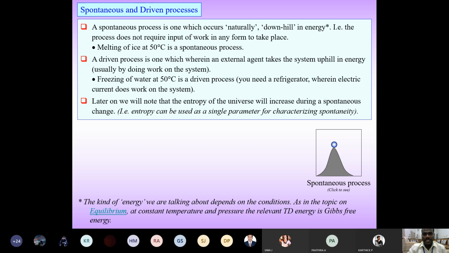Entropy can be used as a single parameter for characterizing spontaneity. So entropy and spontaneity are linked together. Just keep the terms entropy, spontaneity and spontaneous process in mind. We will discuss what entropy is and how it is related to spontaneity in the next class.